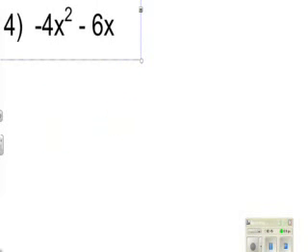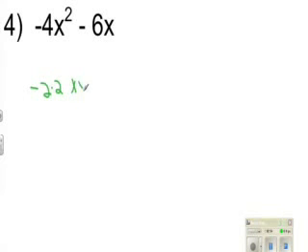Let's try this one. Okay, you have a negative 2 times 2. That's 4, xx, minus 2 times 3 times x. Looking for common factors, you see they both have a 2. And then look, they both have an x.